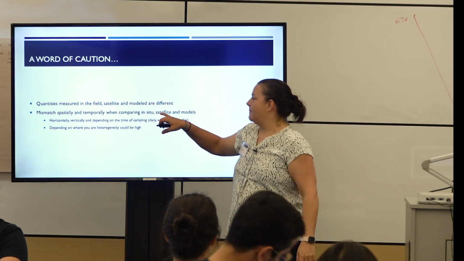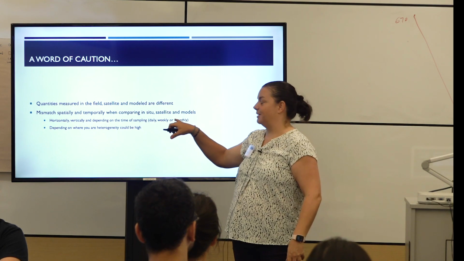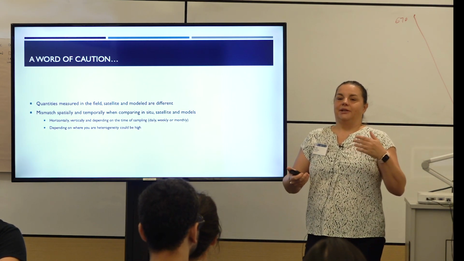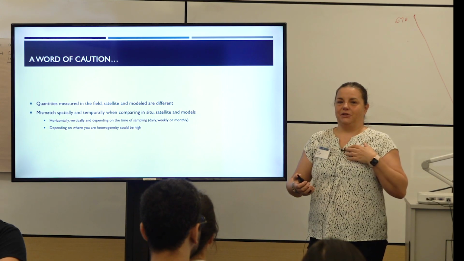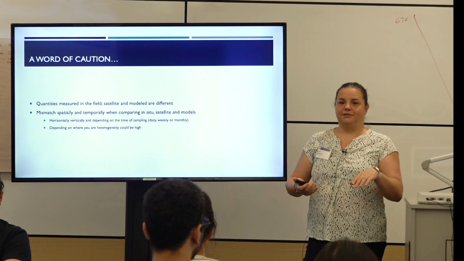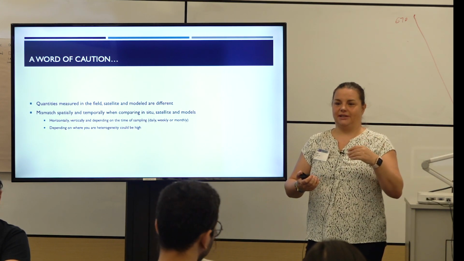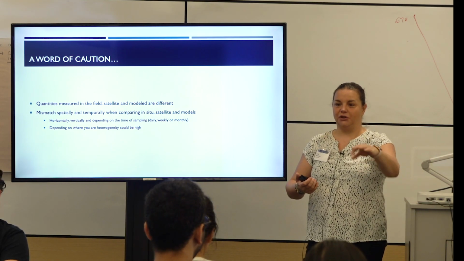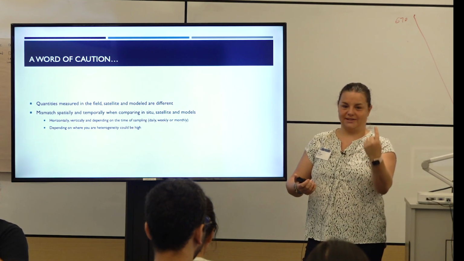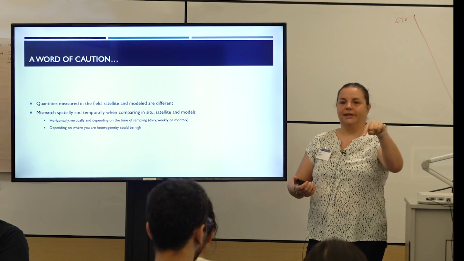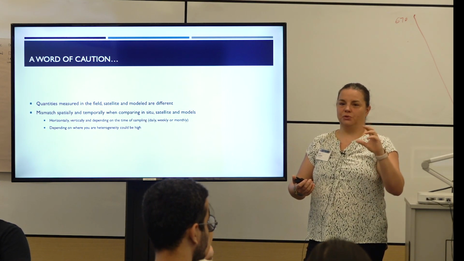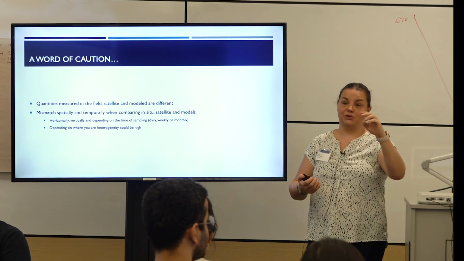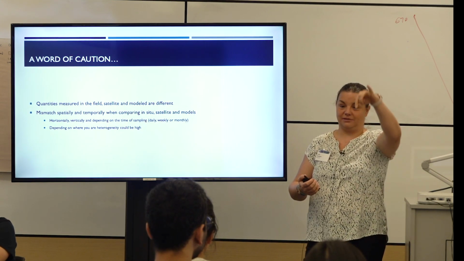There is a mismatch, spatial and temporal, between in situ, satellite and models. If you are to try to validate your model with satellite data, for example, just know that the satellite data observe that specific area at a time of the day. Your model does one time step per day generally. Also, there's a mismatch vertically because your satellite doesn't observe everything vertically.